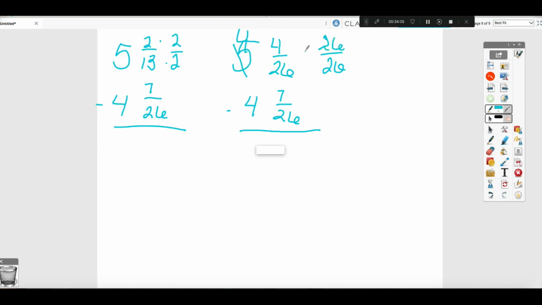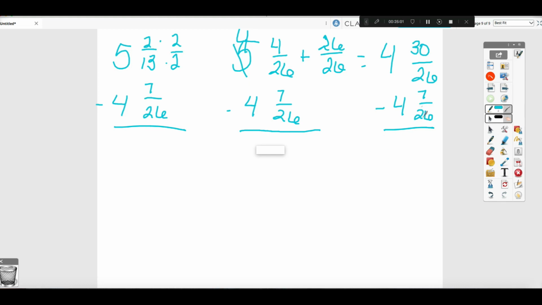So I have to add these two together: the fraction that I already have plus that whole number 1 written as a fraction. 4 plus 26 is 30, so my new mixed number is 4 and 30/26, and I am subtracting 4 and 7/26. You guys got where I got that new mixed number from?